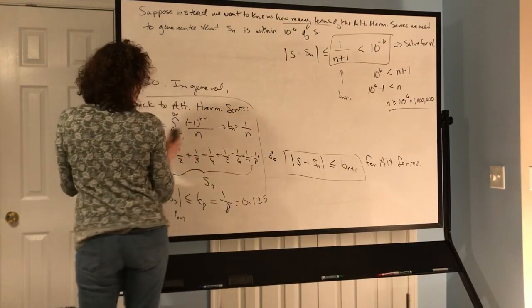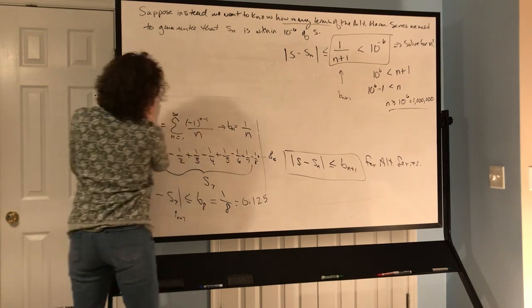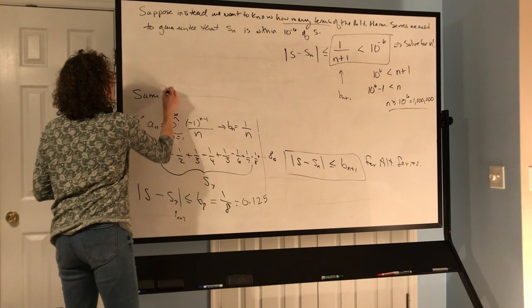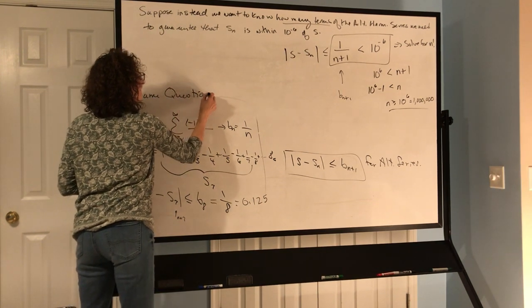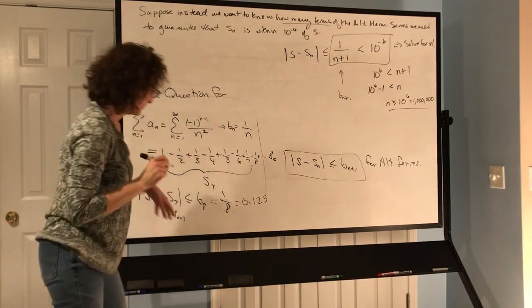What if we instead ask the same question for our 1 over n squared series?